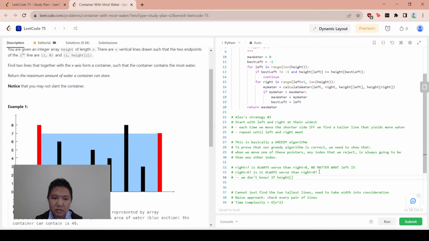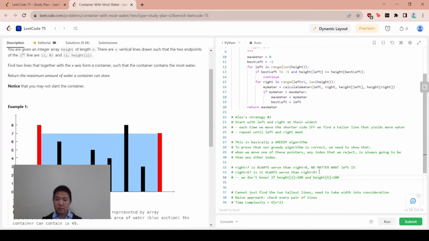So for instance, if height 2 equals to 100 and height 6 equals to 100, oh, interesting.